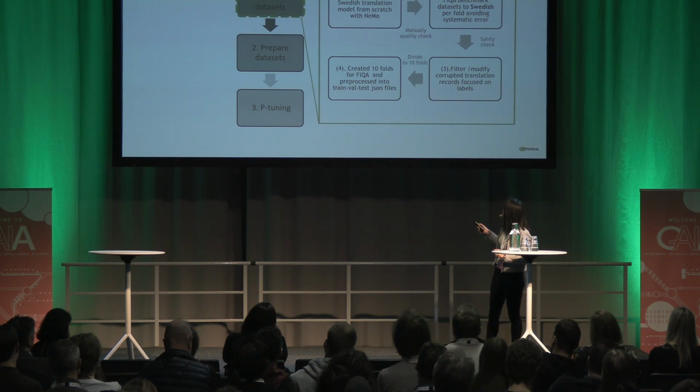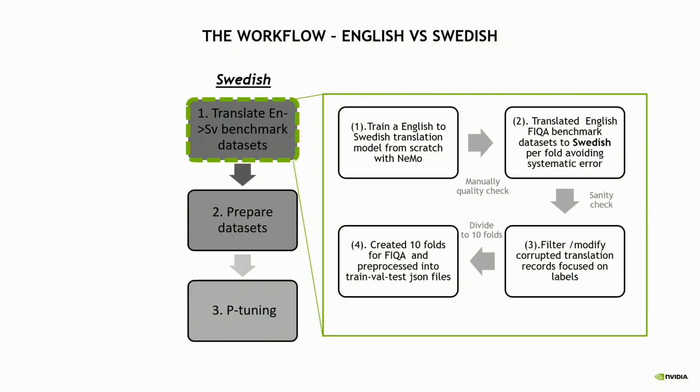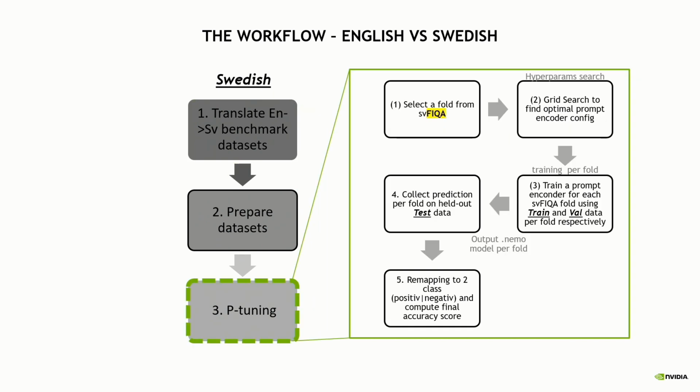Then I divide it into tenfold. So it's a tenfold cross-validation, which means that I'm going to train 10 p-tuned models and then average the result. The prepared data set is fairly simple. You just have to dump it into loose JSON format. Now for p-tuning, you select a fold. So you start with fold 0, since Python indexing starts with 0, and then you search for hyperparameters, because it's a neural network and it has hyperparameters.